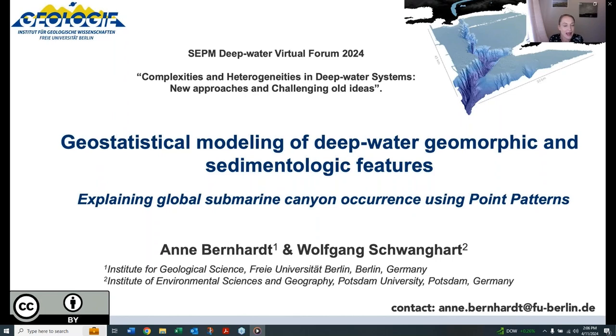When I heard about the topic, new approaches to deep water systems, I was thinking about some recent work that I did together with my colleague Wolfgang Schwanger. I think one of the challenges in deep water sedimentology is that we are dealing with increasingly large geomorphic data sets of the seafloor, and we need to adapt some of the very sophisticated, interesting geospatial modeling tools that are more widely used in terrestrial geomorphology.